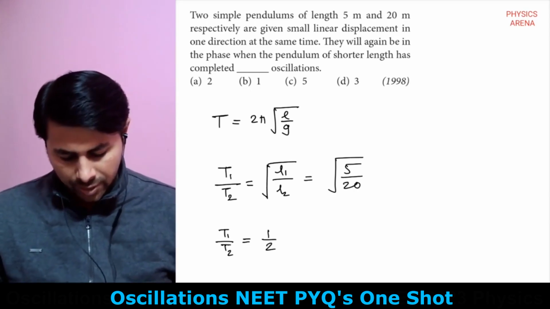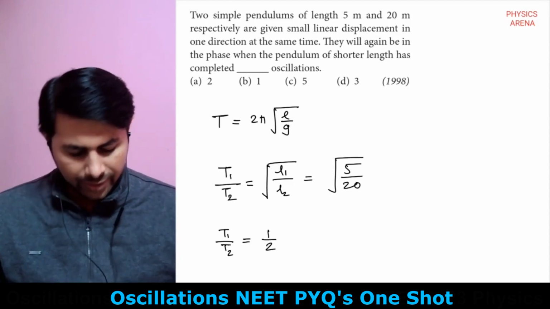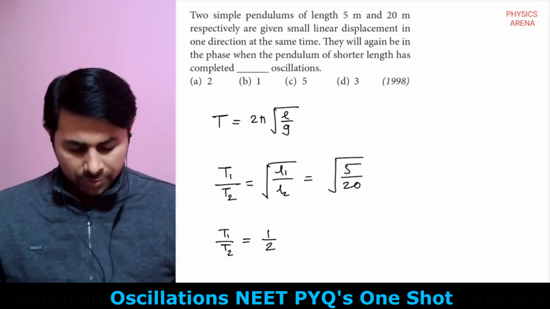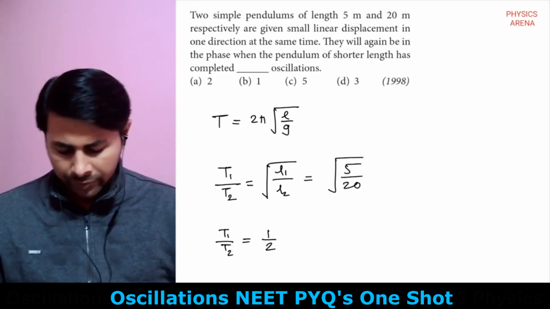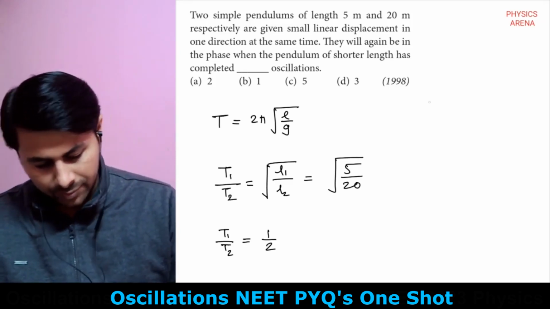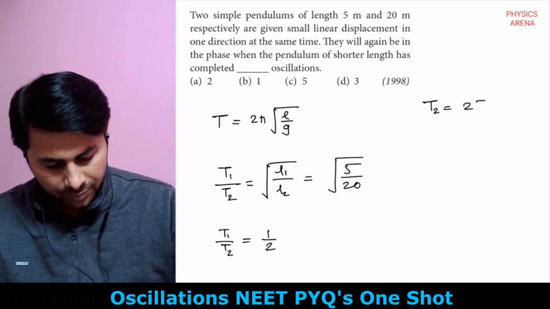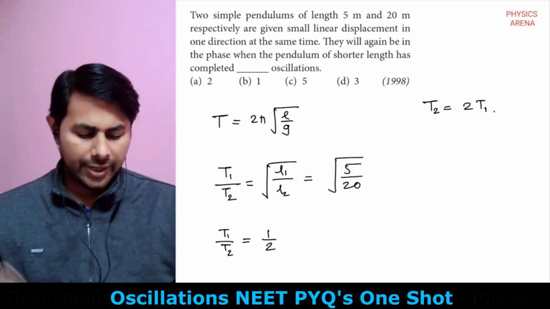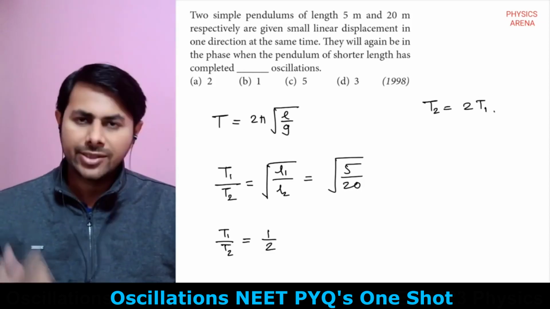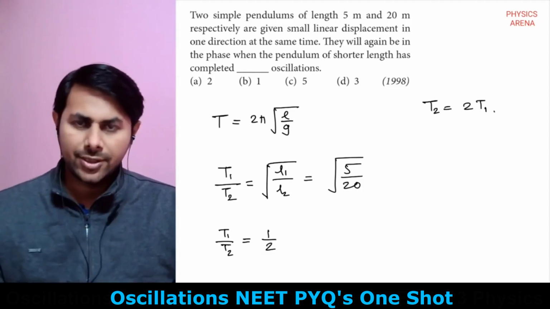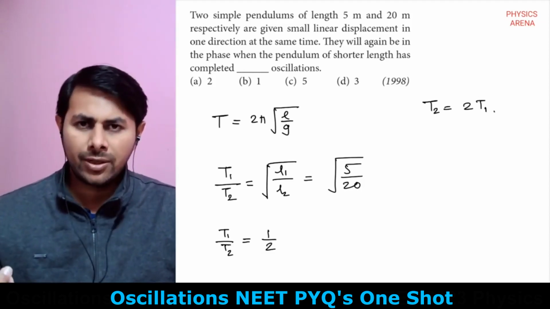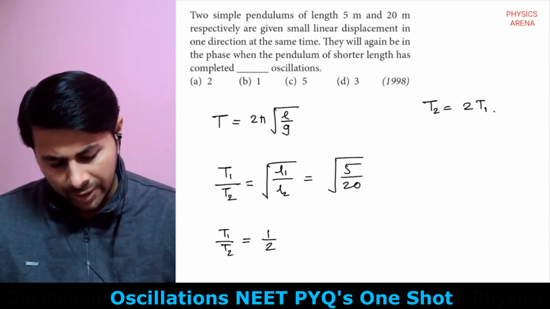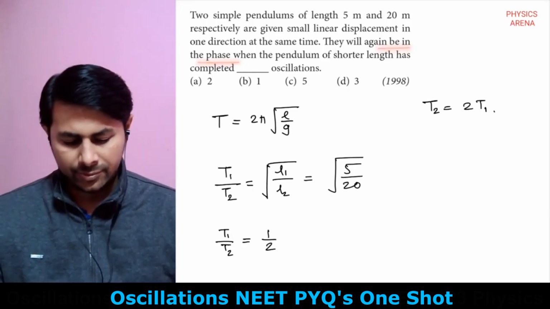So T2 equals 2 times T1. When the first pendulum completes 2 oscillations, the second pendulum will complete 1 oscillation. The question is, they will again be in phase.